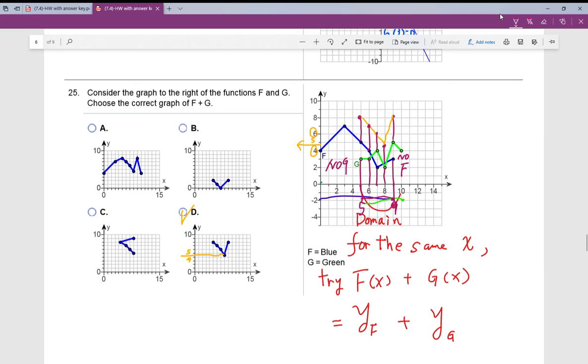Now, this is f and this is g. So on top of f, you add g, and on top of g, you add f, right?